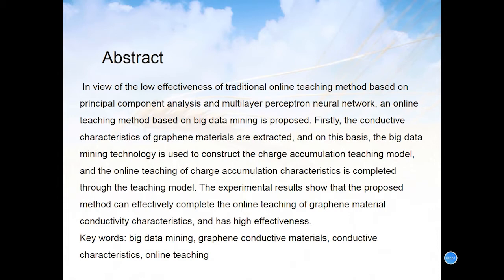Abstract. In view of the low effectiveness of traditional online teaching methods based on principal component analysis and multilayer perceptron neural network, an online teaching method based on big data mining is proposed.